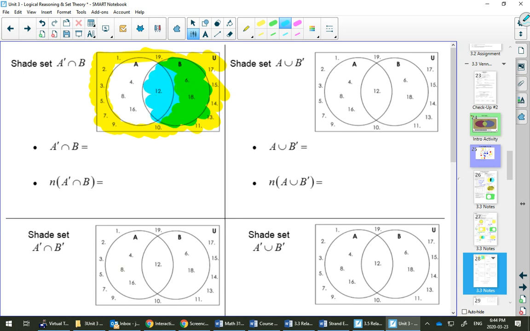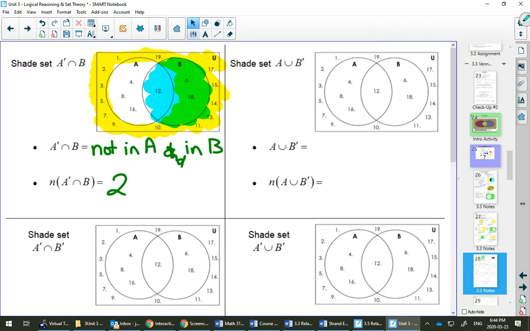And so the overlap is just 6 and 18. So this means not in A and in B. And so that would just be 2 elements.